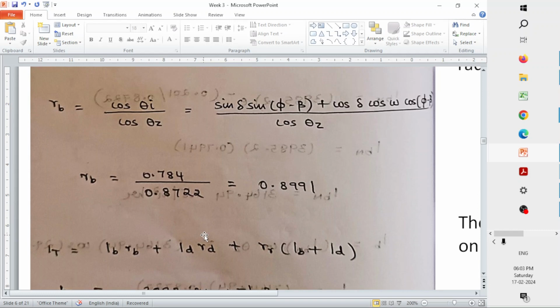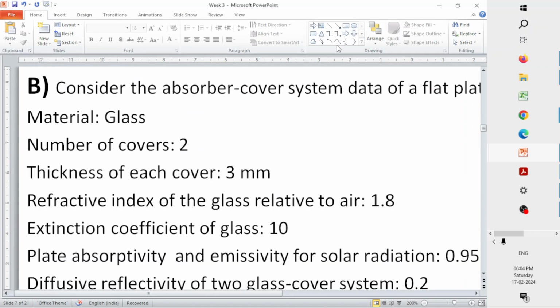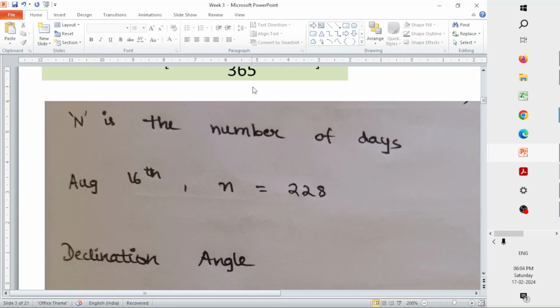You now know the solar angles, the instantaneous beam radiation, instantaneous global radiation, instantaneous diffusive radiation and the total instantaneous solar radiation falling on the flat plate collector. Now the sunlight has fallen onto the flat plate collector, and it has to be absorbed.